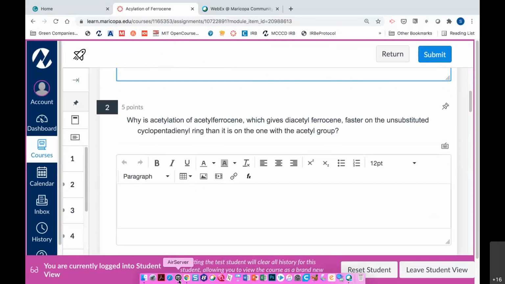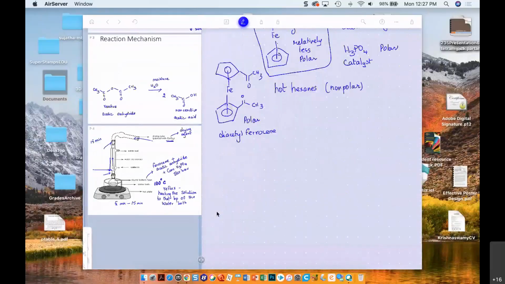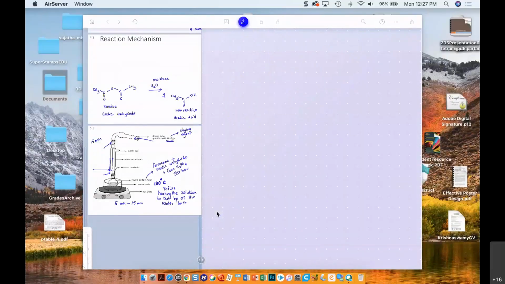So let's go ahead and understand what the question is talking about. So we've got your ferrocene here. First of all, you want to know what the question is asking you. You're treating it with acetic anhydride and phosphoric acid. You get your desired product. So I'm going to draw the desired product here.